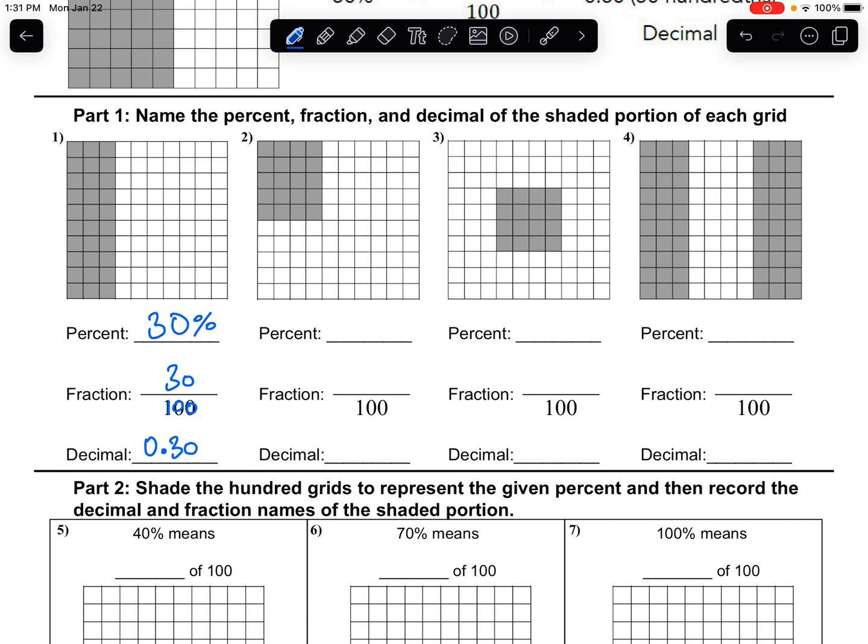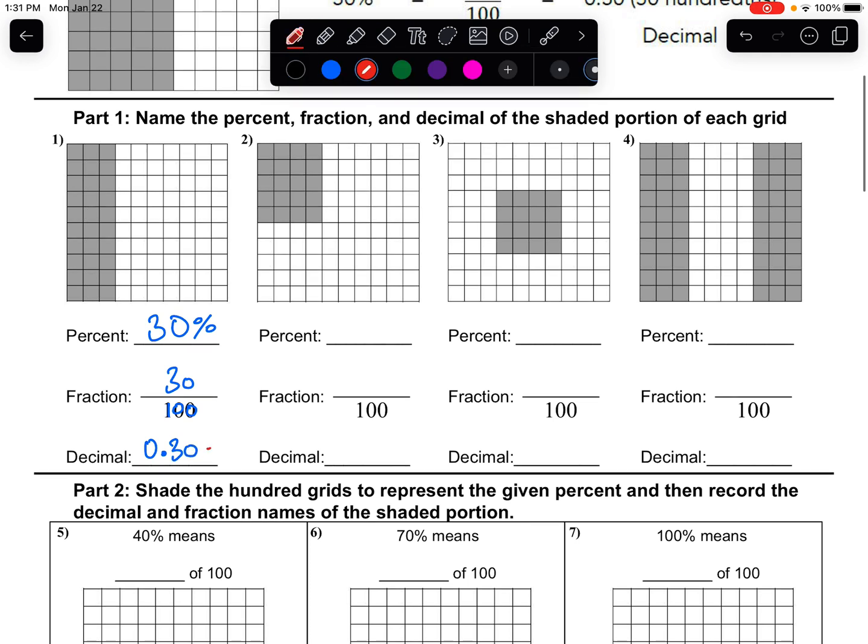Now, you may look at this and think, well, you can simplify 30 hundredths to just 3 tenths, or 0.3, and that's correct. Or 30 over 100 would be 3 over 10. And how would that make sense?